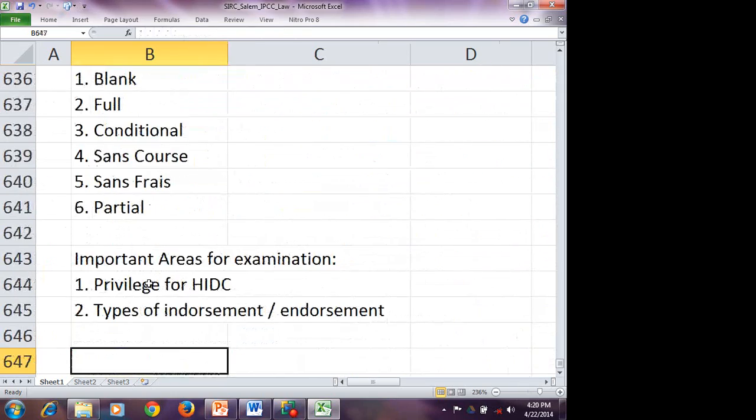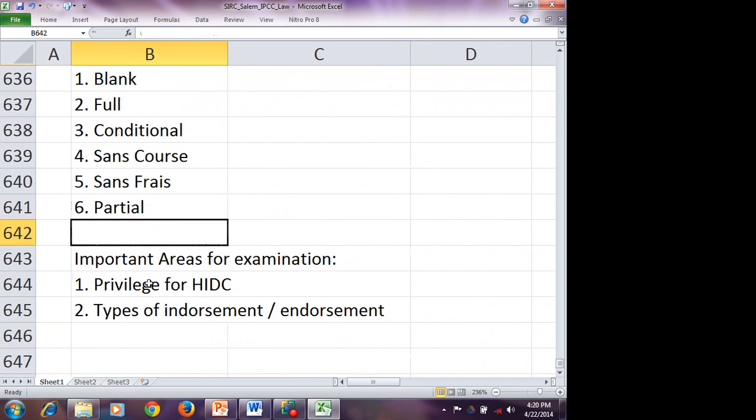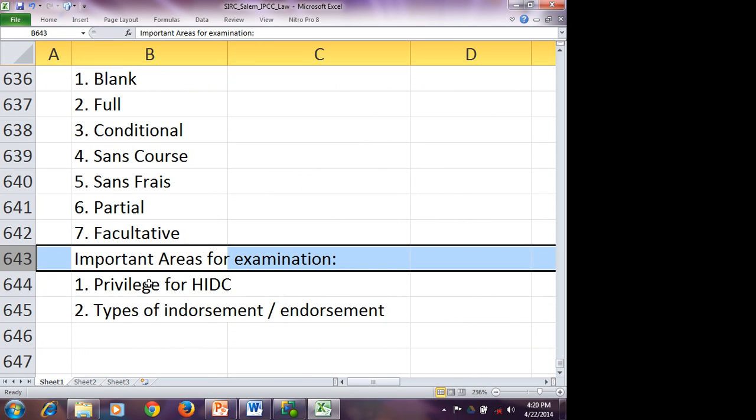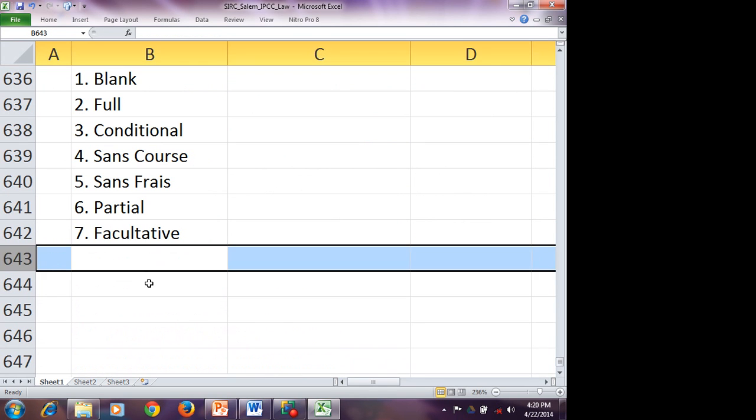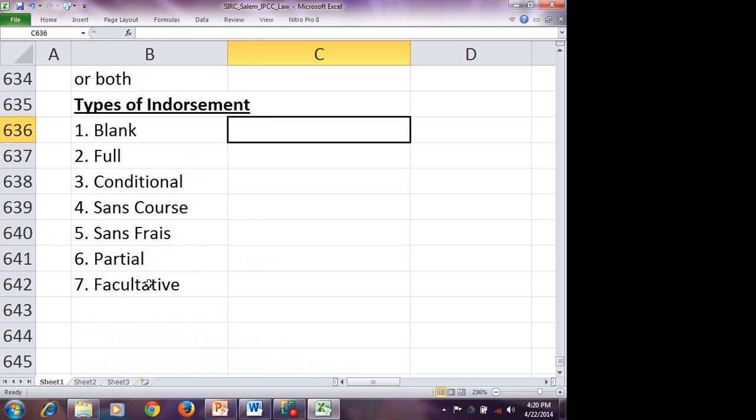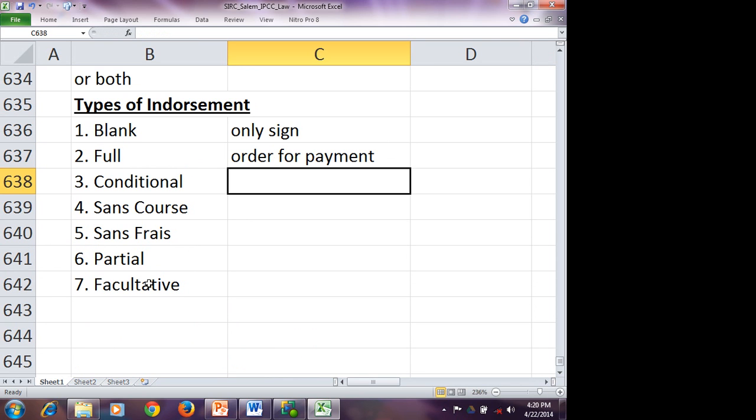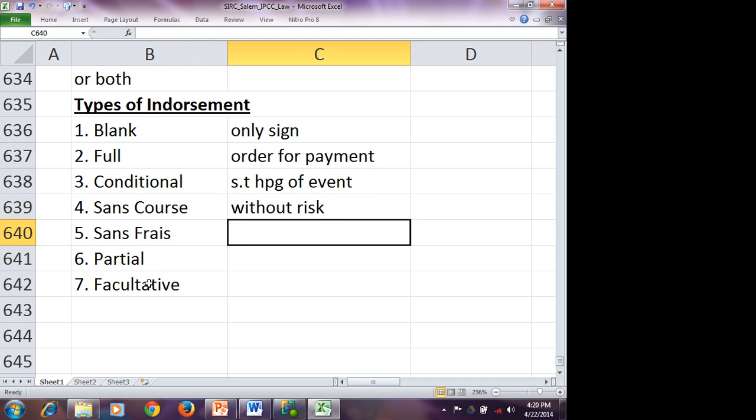So, what are all the various types of endorsement? Today, we added facultative also. Blank endorsement: what is blank endorsement? Merely signature, only sign. Full endorsement: an order for payment is available. Conditional: subject to happening of an event. Sans course: without risk, which means risk is to be borne by the endorsee.